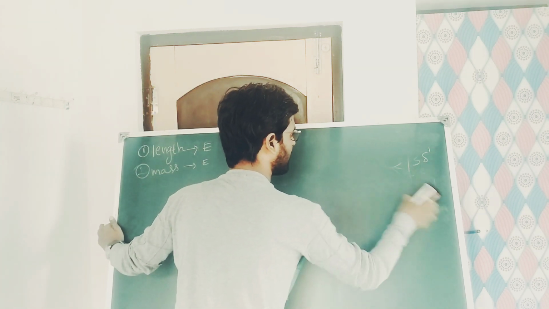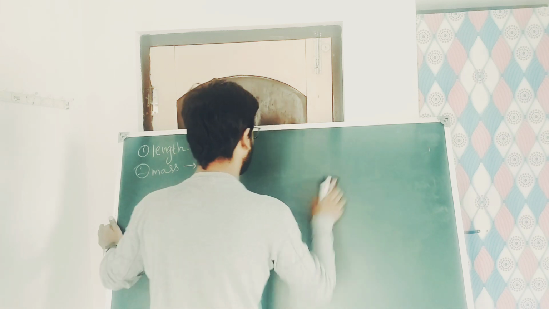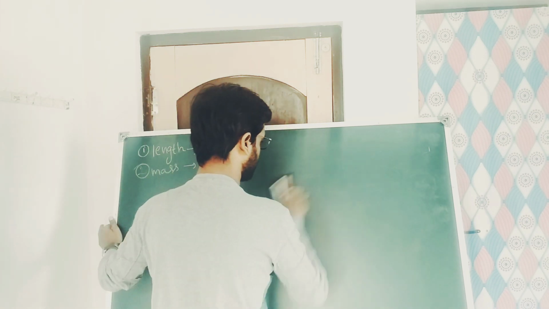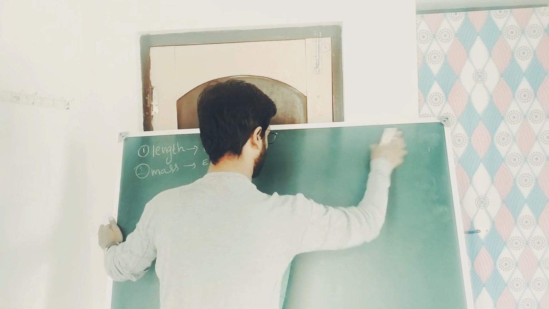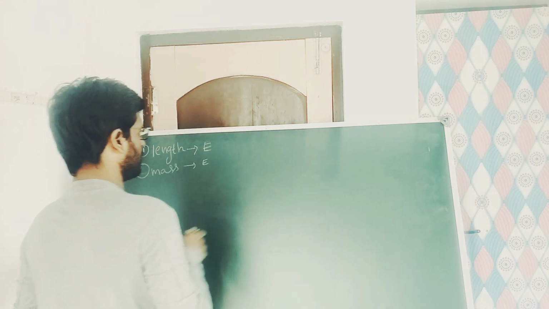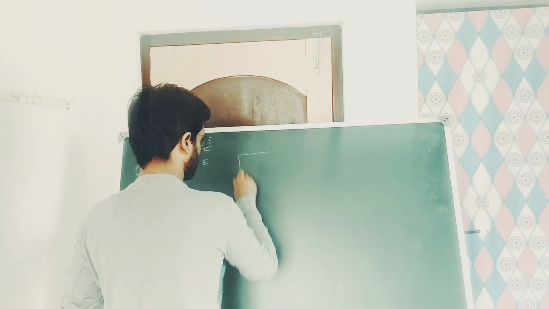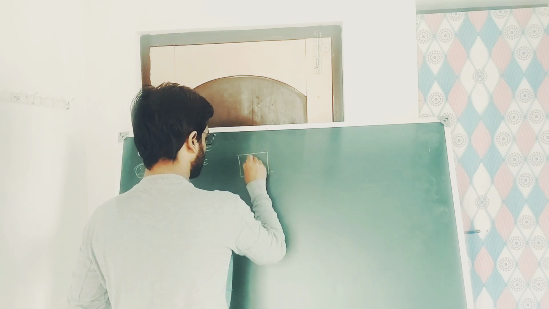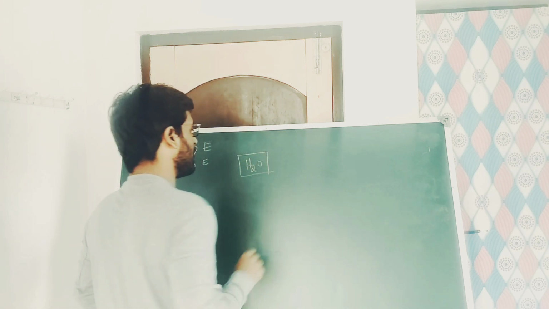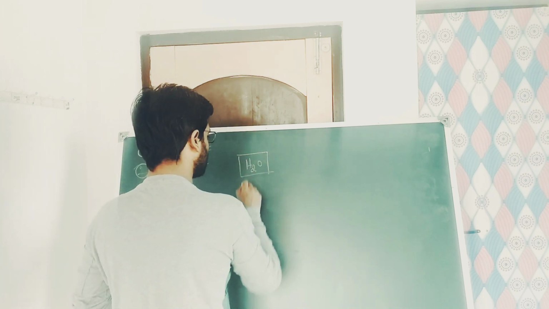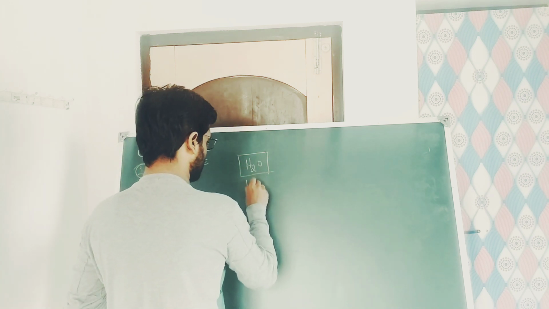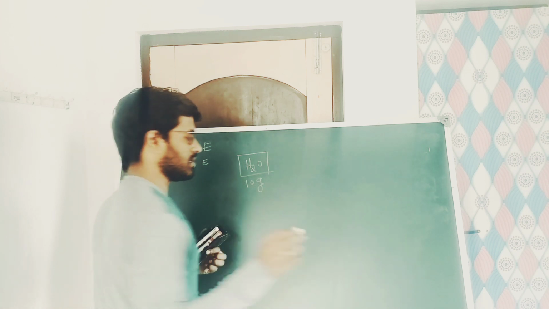But if I ask you about the atomic mass or molecular mass or atomic weight or molecular weight, see, suppose I take a system, and in this system I am taking the water molecule, right? I am saying this system is, suppose, 10 grams initially.